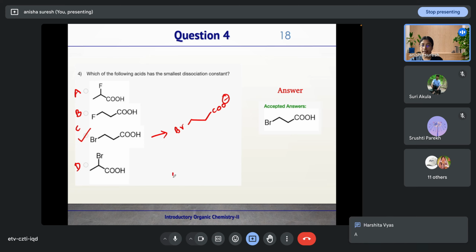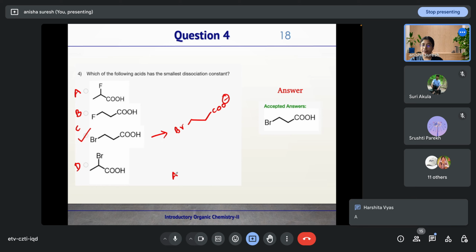Stronger acid will be A. Which will be the next stronger? Since fluorine is present, it could be, but bromine is adjacent here.